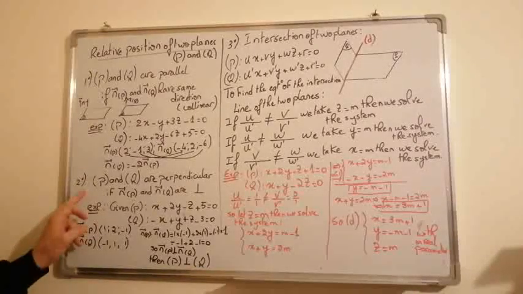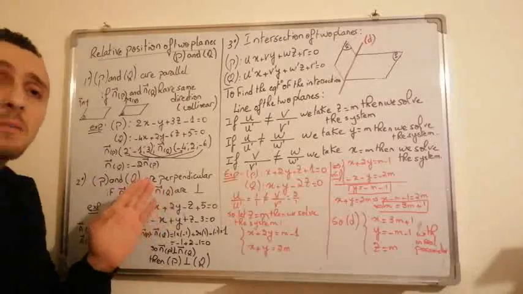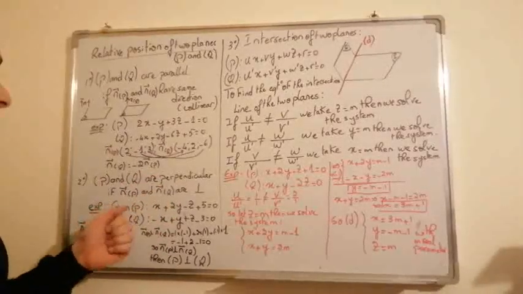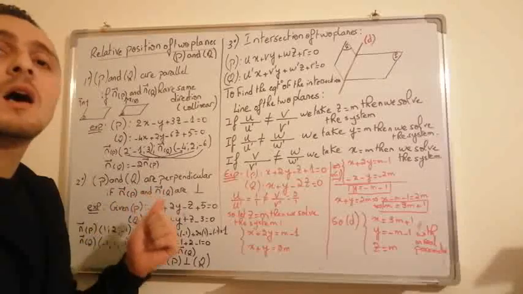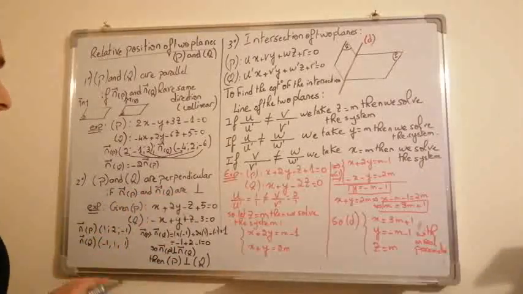Second case, P and Q are perpendicular if their normal vectors are orthogonal.